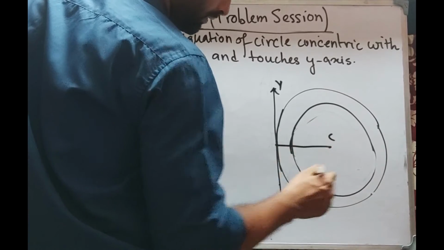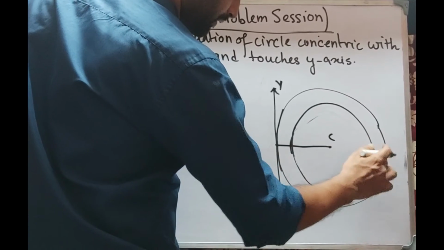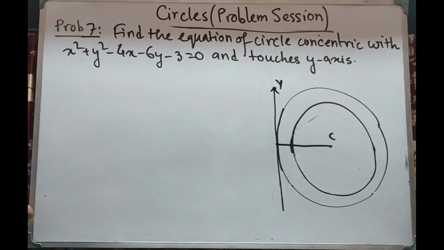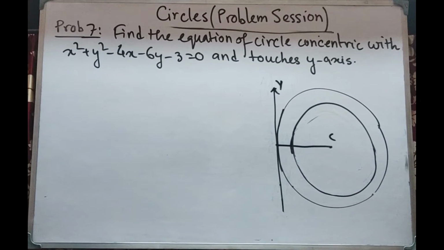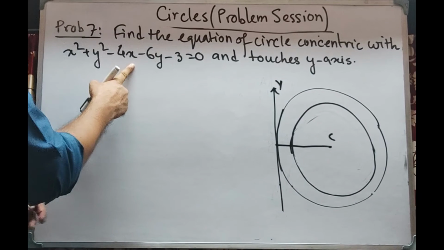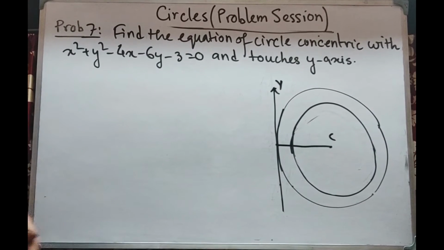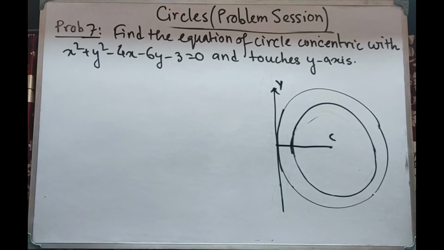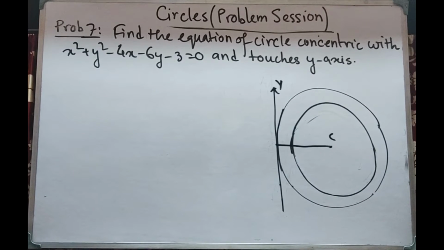This will be the picture. Either it is inside the circle or it is outside the circle. I am taking it inside. So from this equation you can easily find the center of the circle. And once you are having the center, you can say that the required circle is also having the same center because they are concentric.